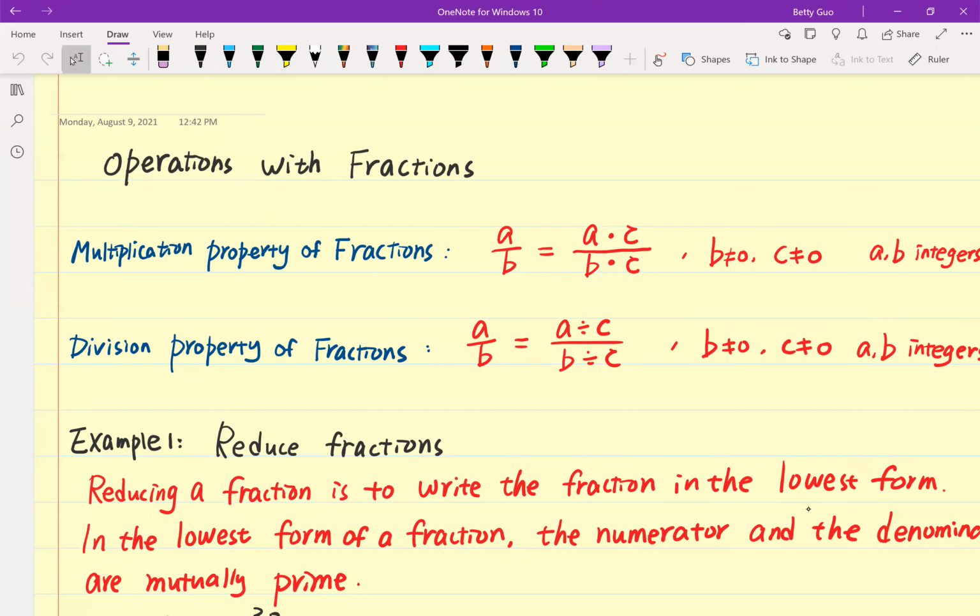The first property is called the multiplication property of fractions.